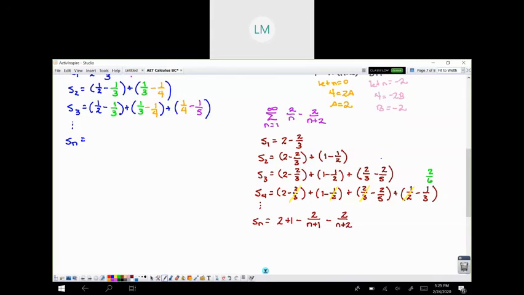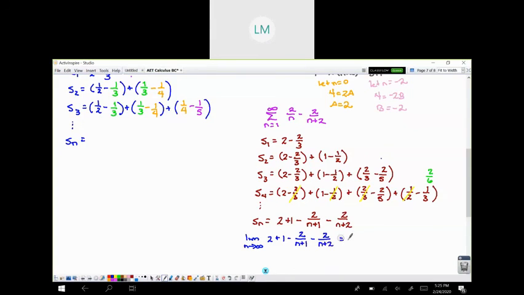So taking our limit as n goes to infinity, if we carry this out enough, I take the limit as n goes to infinity of 2 plus 1 minus 2 over n plus 1, which would probably cancel, but it doesn't matter, minus 2 over n plus 2.